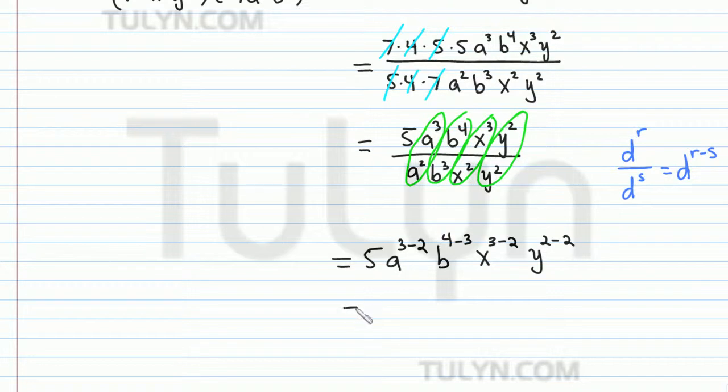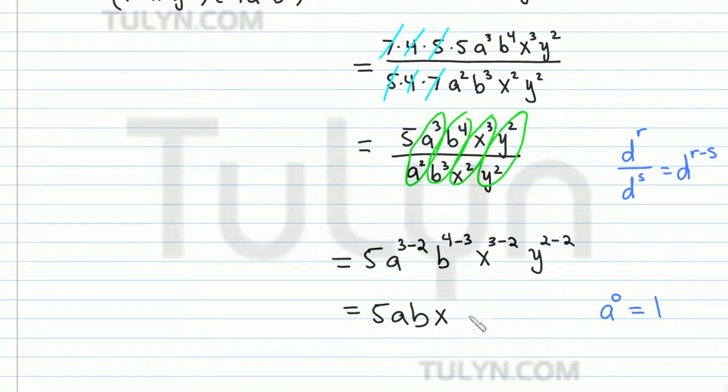So now simplifying, 5a to the 3 minus 2 is just a to the first power, or a. Same thing with b, and same thing with x. And now for y, we get y to the 0 power. But remember, one of the other rules for exponents is that any number taken to the 0 power is just going to be 1.